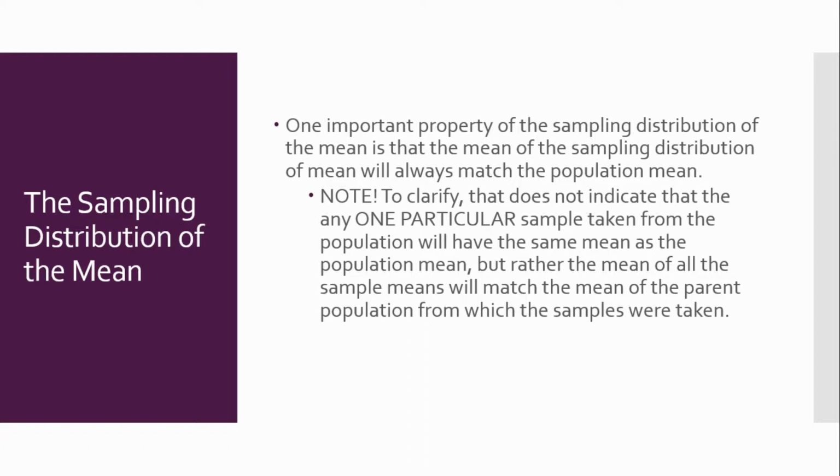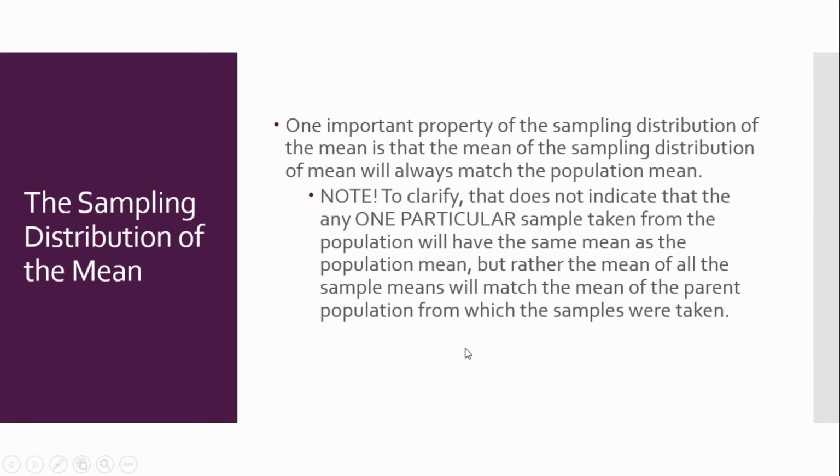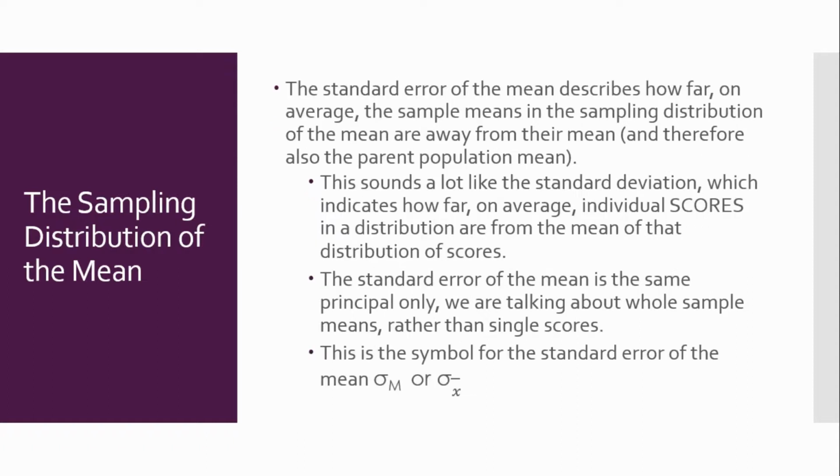Okay, so that is important, but it's also important to remember that that's the mean of the sample means. That does not mean that any one particular sample mean will match the population mean. Remember, we have kind of a distribution, right? So we want to be able to find the probability of getting a particular one sample mean, okay? So that's what we're kind of talking about here with this z-score test.